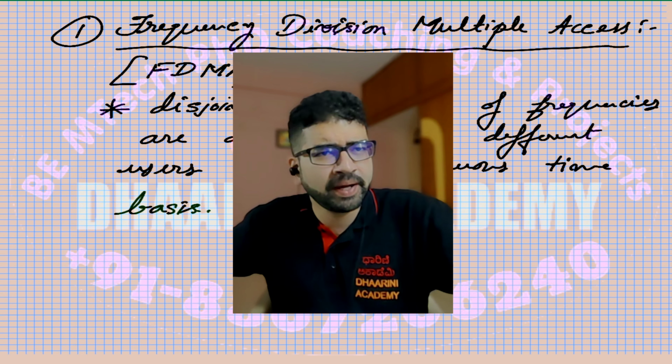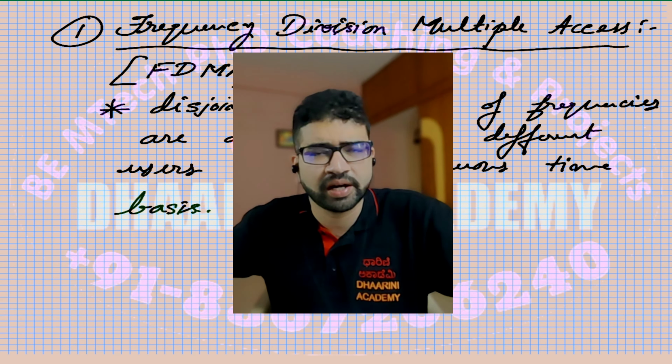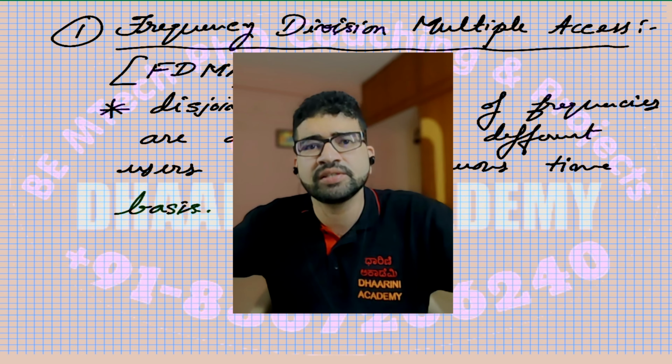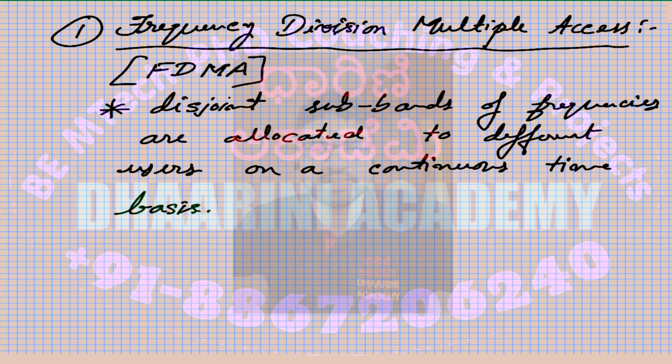Each of the bands could be maybe 100 hertz, 1000 hertz, 1 megahertz, or any type. So each subband you created is going to get allocated to different users, right? So continuously you allocate it to that user until the user wants to stop communicating. So all the time the subband is with that particular user as long as the user wants to communicate.